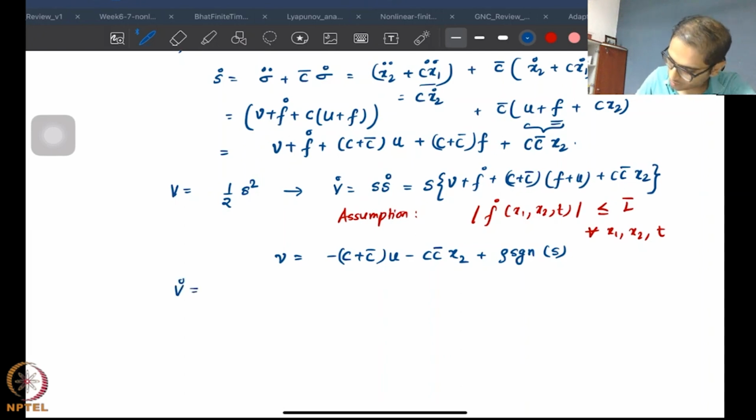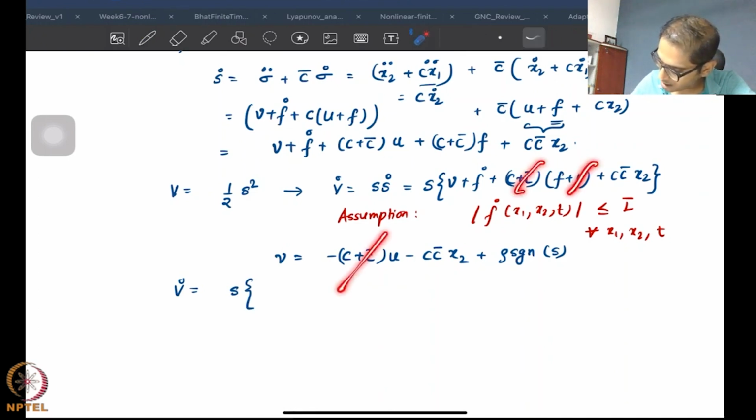Let's see if this works. We may come back and change these terms a little bit if this doesn't exactly work, but let's see what happens. So V dot now becomes s times, everything else goes away, a few terms cancel. I'm left with only the f dot terms.